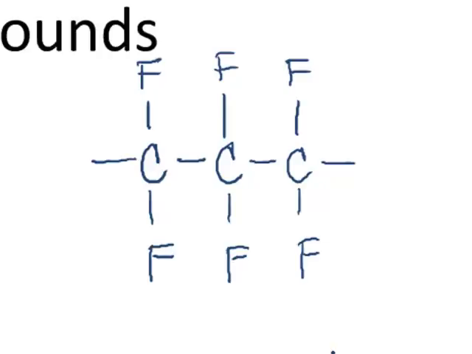Here's why this is interesting. We know already that carbons and hydrogens on a hydrocarbon molecule give us a nonpolar molecule. Well, fluorine is the most electronegative element on the periodic table. So what that means is on a perfluorocarbon, all of the electrons are being pulled towards the fluorines.